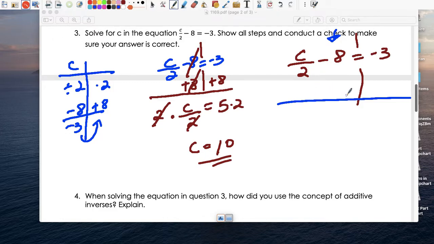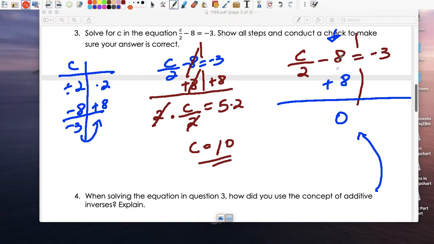We used the additive inverse. What number do I add to negative 8 to give me 0? Because I want 0 over here. The additive inverse of negative 8 is plus 8. And negative 8 plus 8 is 0. So that's how I used the concept of additive inverse to get rid of that constant.